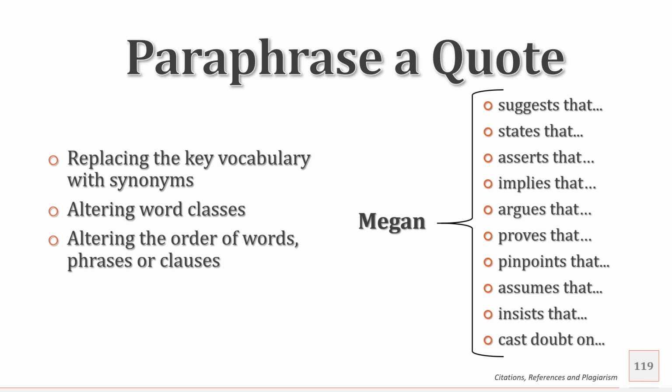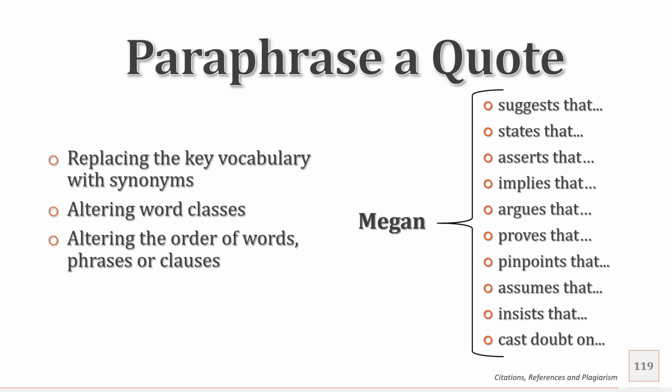Secondly, we can alter word classes. So the sentence can be changed into, "Stating your argument is a crucial preliminary element in preparing an essay." Finally, we can also alter the order of words, phrases, or clauses.